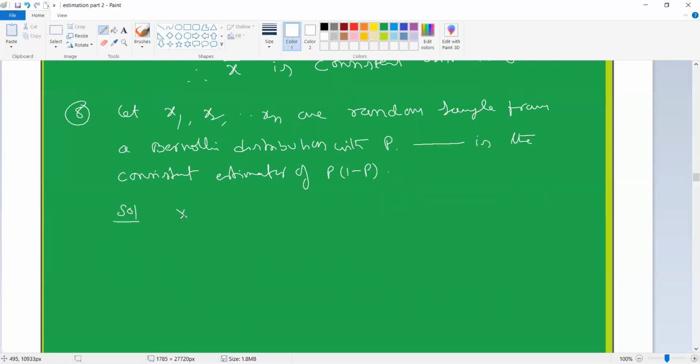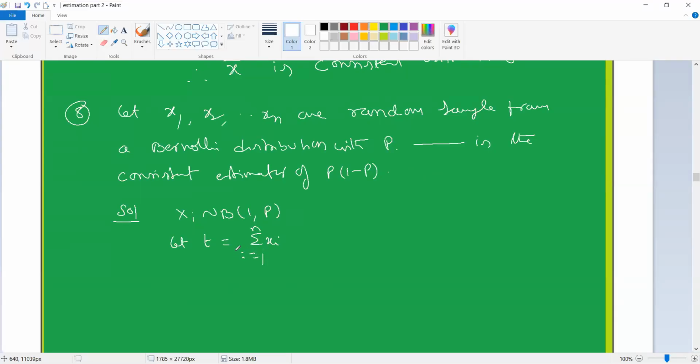First here, xi follows Bernoulli 1 comma p. Let T be a function of sample observations.